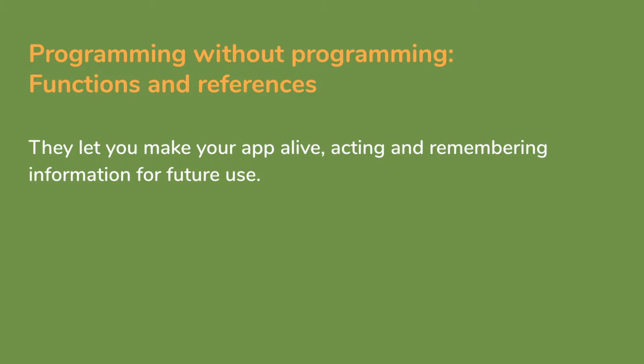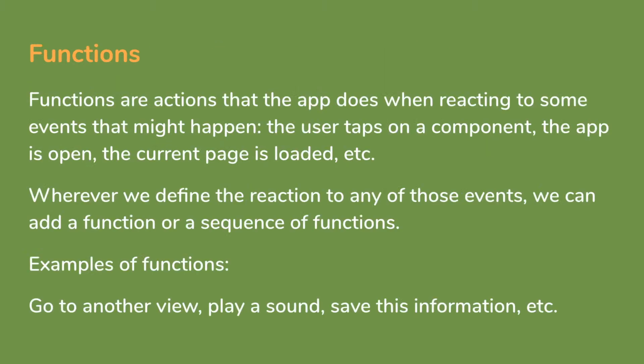So then we have functions and then we have references. By combining functions and references, we can create a lot of logic and start thinking like a programmer, but again, without programming, you'll see. So let me define what a function is. This is very important as well, because functions are the way you define the behavior of the app.